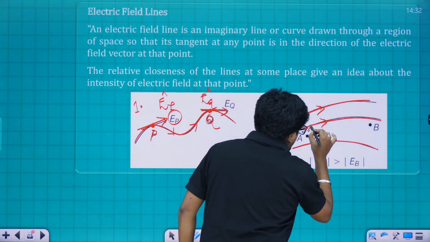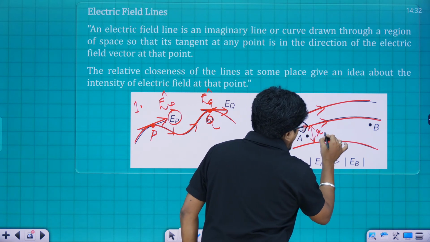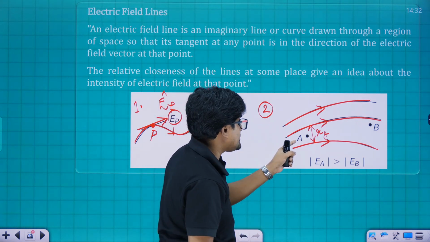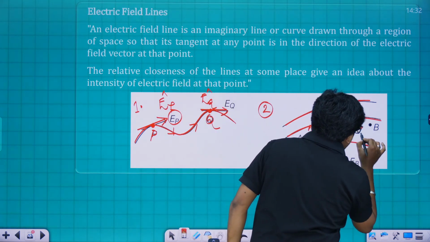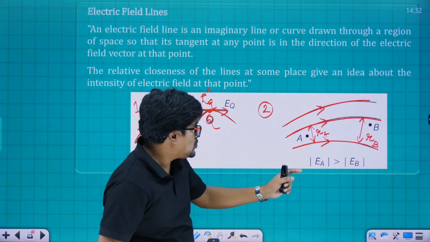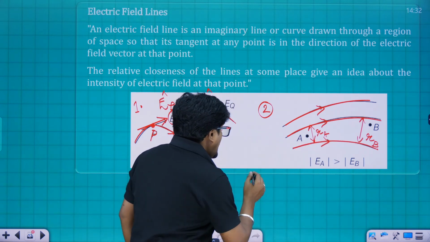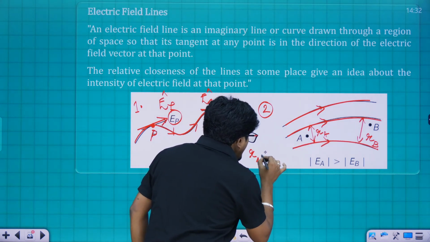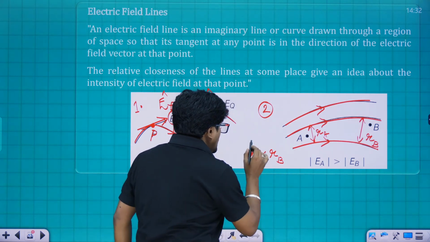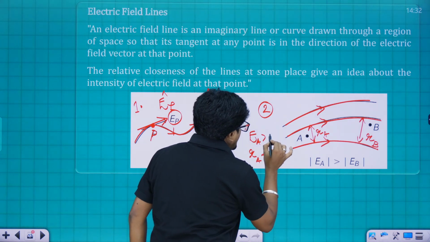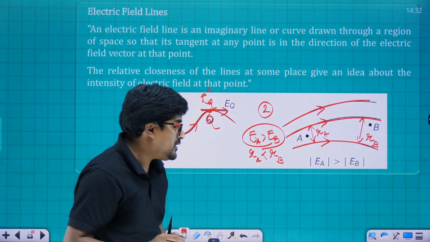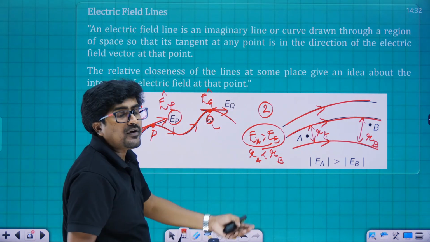Here the relative separation between lines is R suffix A. That means the distance of separation between 2 nearby electric field lines is marked as R suffix A, and here the distance of separation between 2 nearby lines is marked as R suffix B, and it's very clear R suffix A is less than R suffix B. If the relative separation is comparatively lesser, then definitely EA must be greater than E suffix B. That is very important information, and this will really help you in such comparative questions.